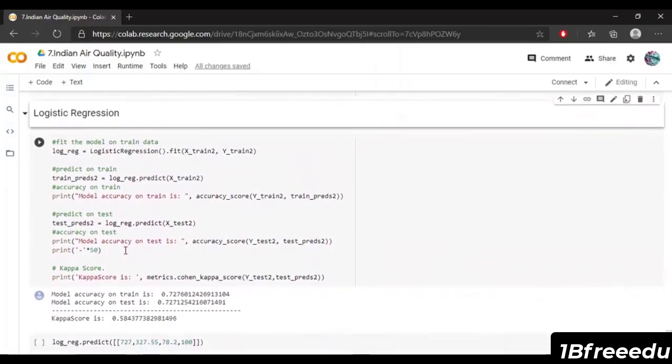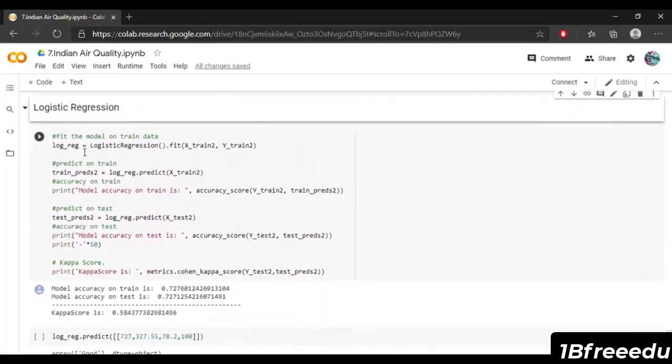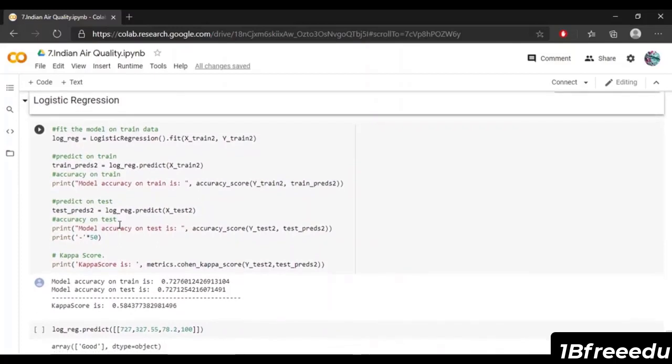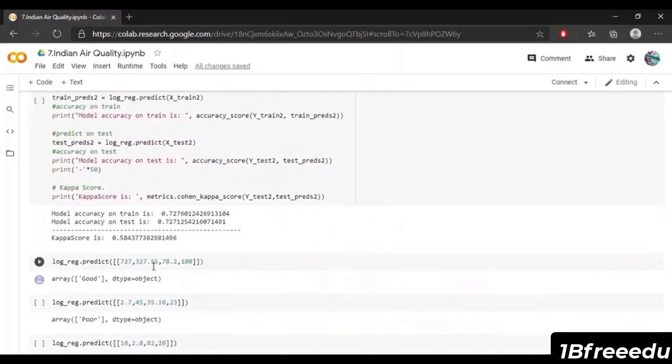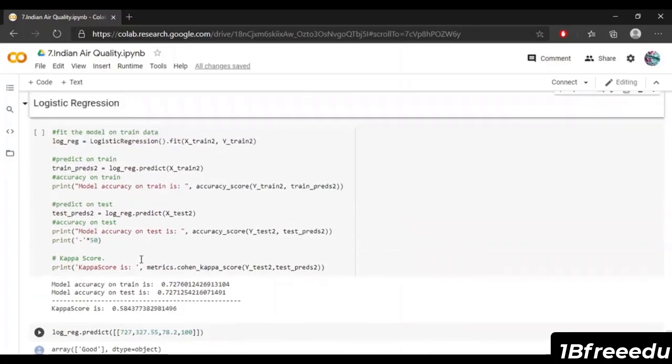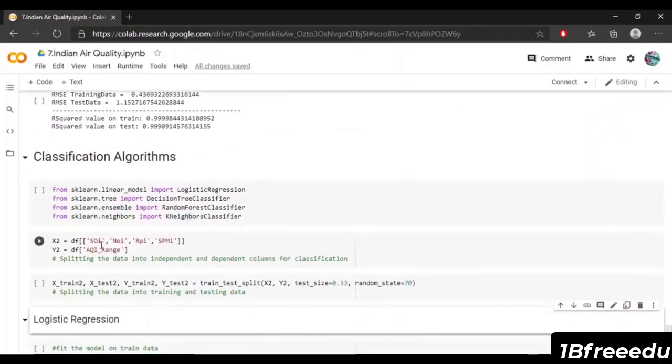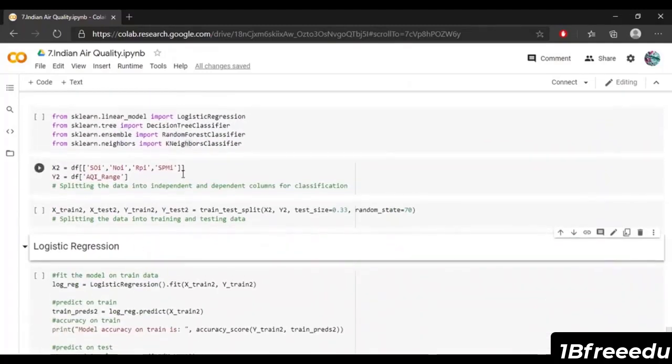The next thing that we have done is use this logistic regression model, give individual values, and predict on these values that we have manually given. I selected values like 727. Whatever you see here are the independent values: SOI, NOI, RPI, and SPMI.